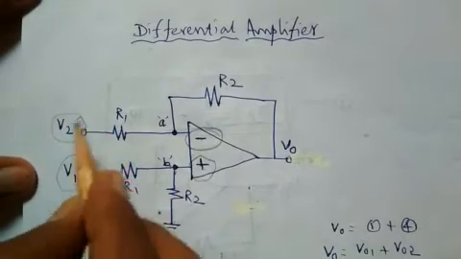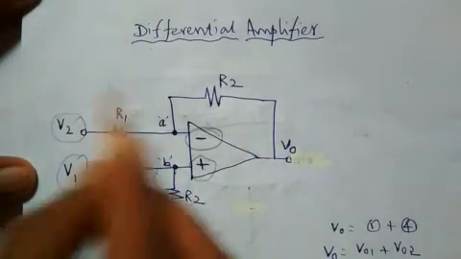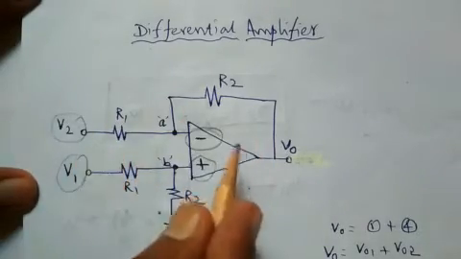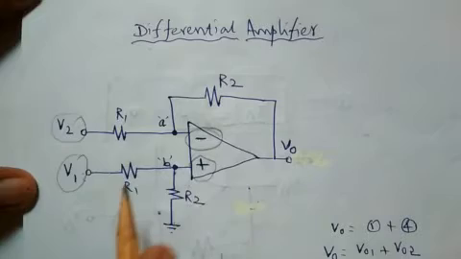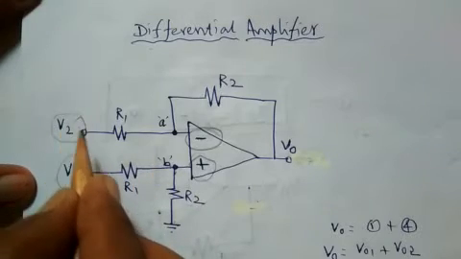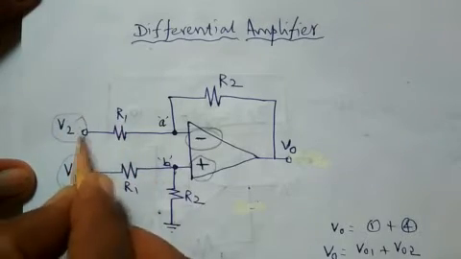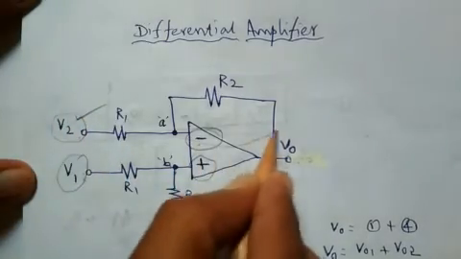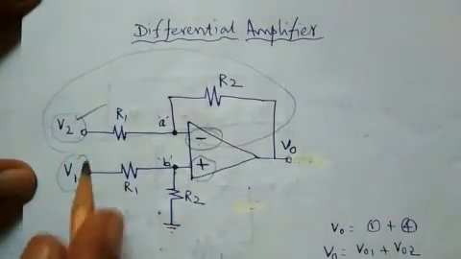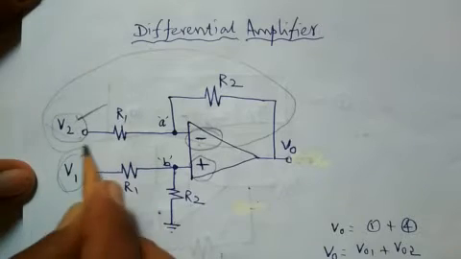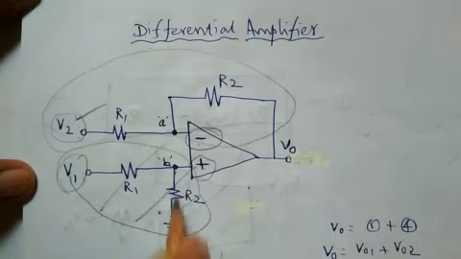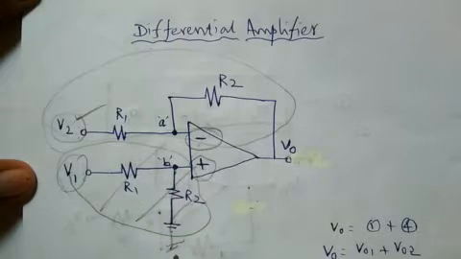First, we consider this differential amplifier as a pure inverting amplifier. So to make it an inverting amplifier, we give input to the inverting terminal. So V2 is given and this part is considered as it is. Nothing we are going to change. For the non-inverting terminal, the total term must be removed and grounded.